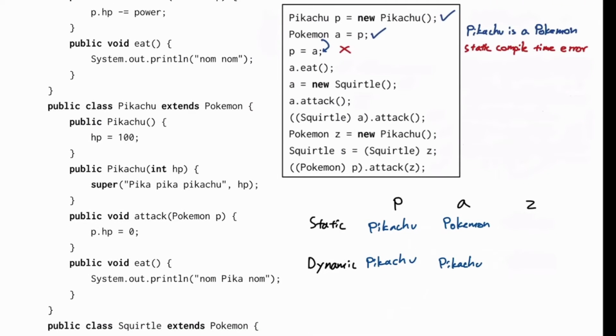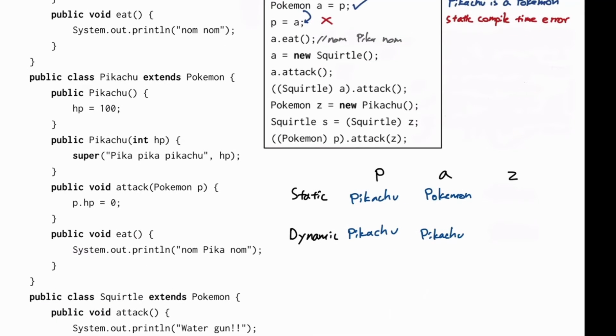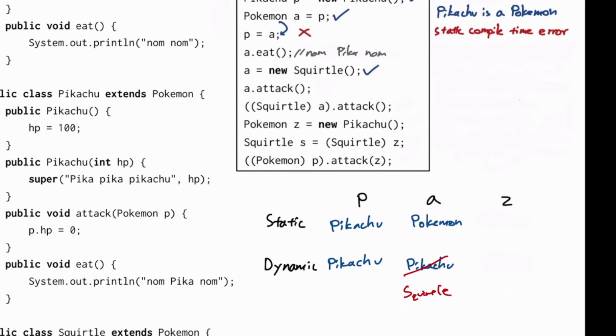This means that this line here will print non-Pika nom. Let's continue. In this next line, we're assigning a to a new Squirtle object. This means that the dynamic type of a is going to be updated from Pikachu to Squirtle. This line runs with no issues.